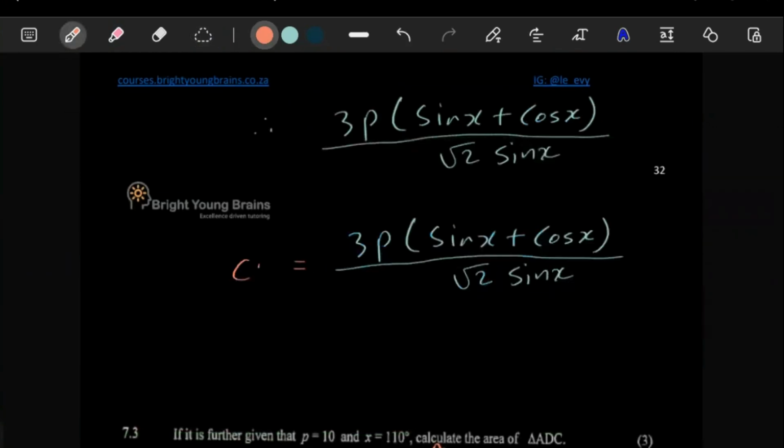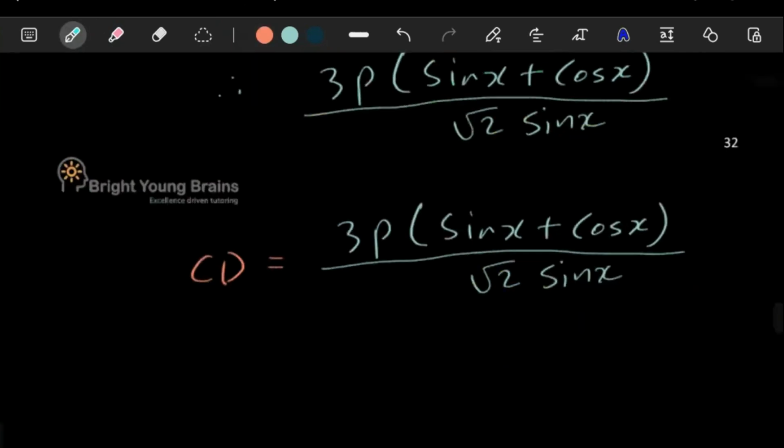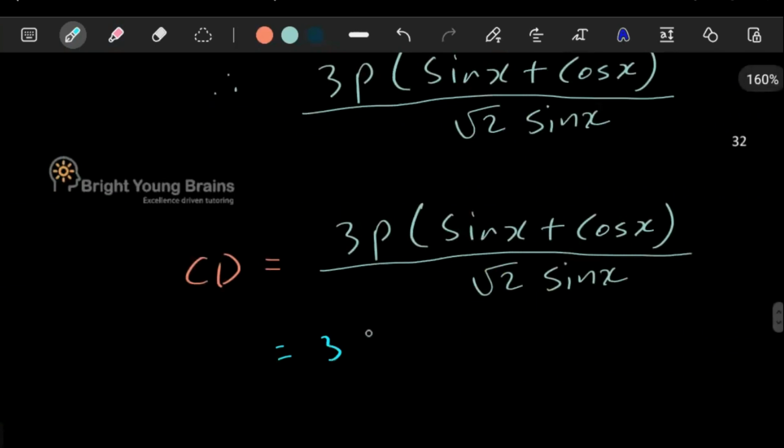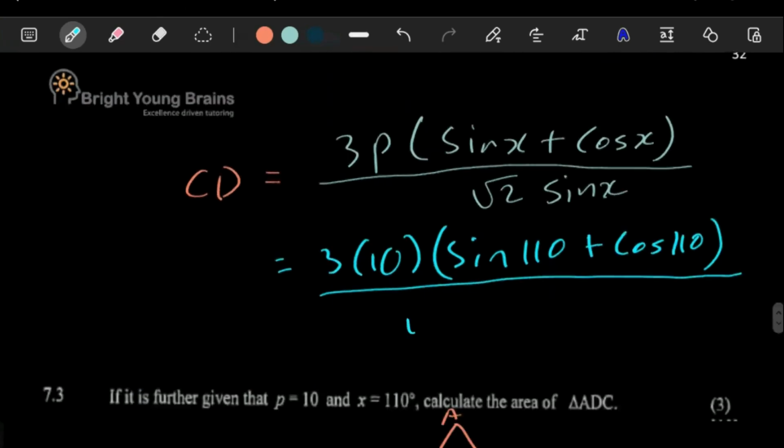We have CD here. There we go. And then p is 10, 110, and what we have here is square root of 2 sine 110.